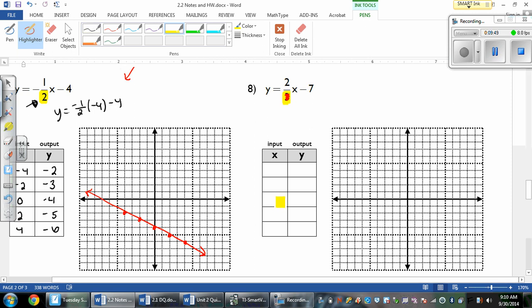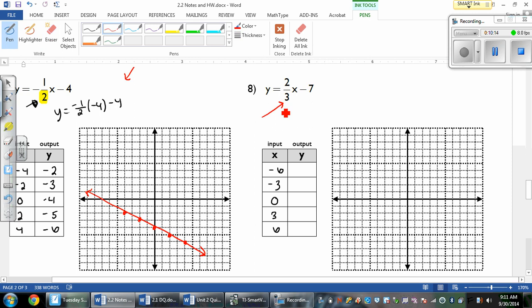So again, I'm going to start with 0. And I'm going to count by 3s. So I'm going to go -3, -6, and then up by 3. 3, 6. So again, we're going to count by 3s because the 3 is in the denominator.